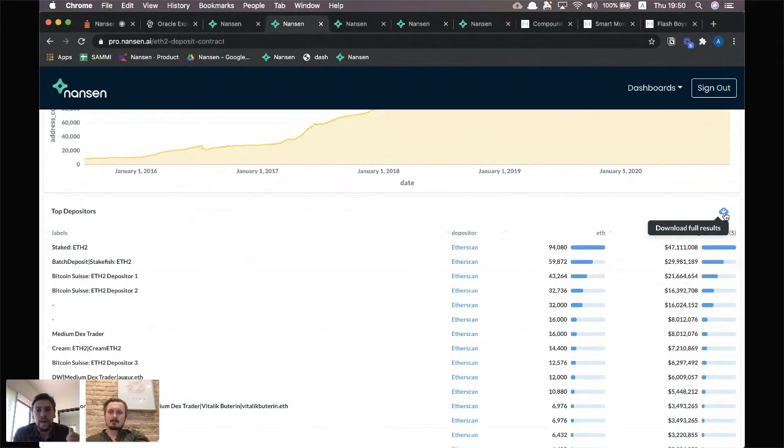If anyone's interested in that, they can just reach out to us on Discord. Basically, you just download this list into Excel or wherever you want, into Pandas, and then filter down by the tags and find the ETH ICO participants.